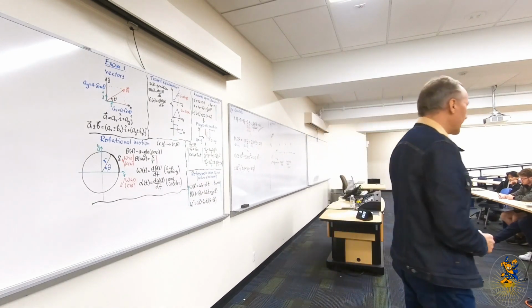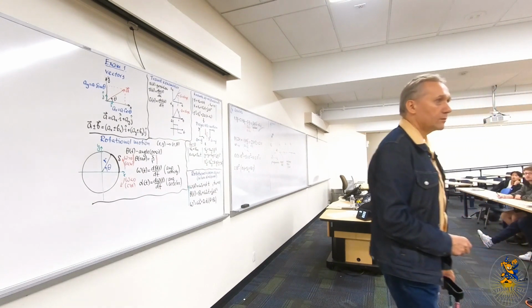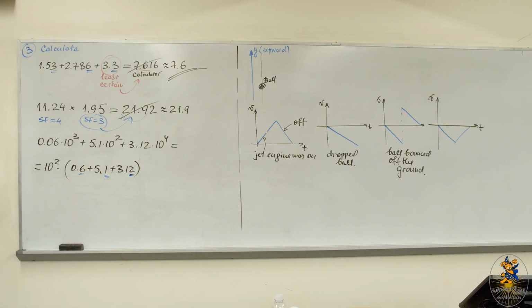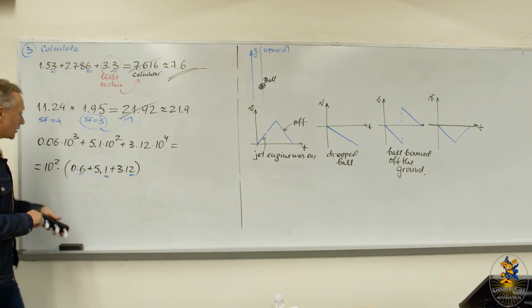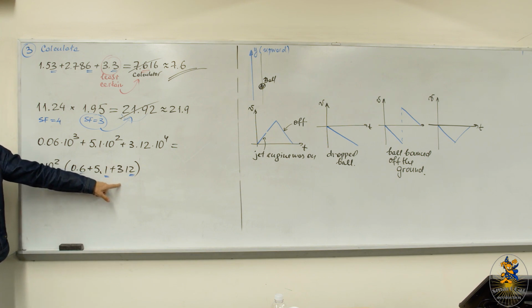Which number is the weakest link? Of course, the last one. It's a very sloppy measurement relative to this and that, two orders of magnitude difference in terms of accuracy. So it means that uncertainty in the final answer must be determined by this number.